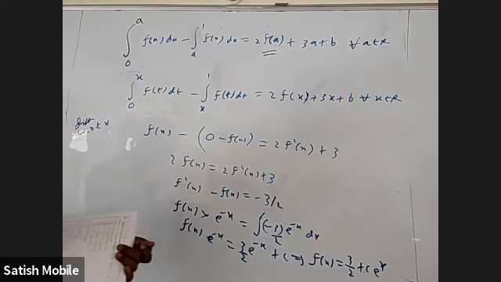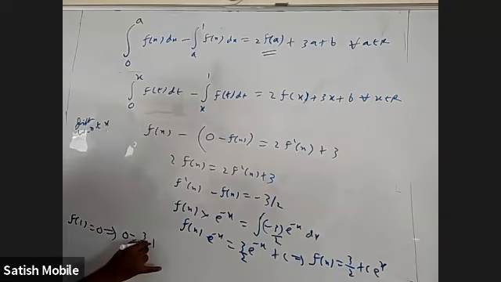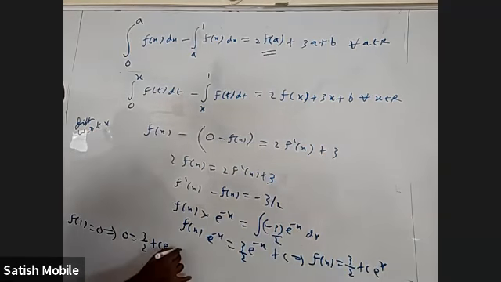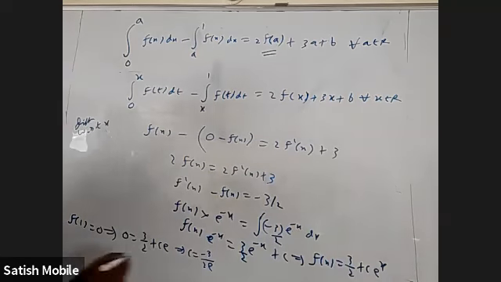To know that constant, they gave f of 1 is 0. Okay, f of 1 equal to 0, does it give anything good? 0 is equal to 3 by 2 plus ce. So your constant will be minus 3 by 2e. So when I put it, my f of x will be 3 by 2 minus 3 by 2e into e power x.